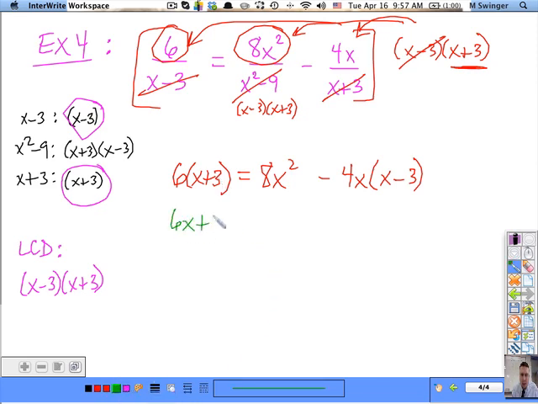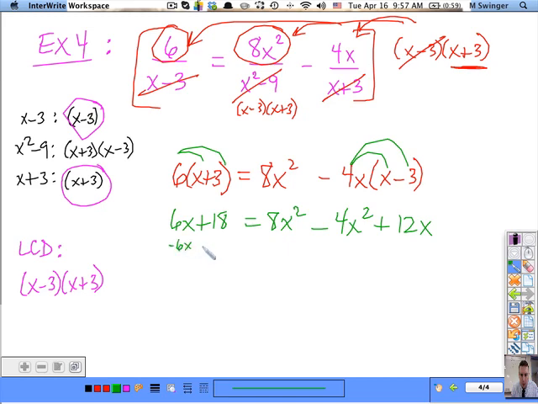So 6x plus 18, if I use my distributive property, equals 8x squared minus 4x times x is 4x squared, minus 4x times negative 3. That'll get people right there, I guarantee it. Plus 12x. Notice it is a quadratic, so get it equal to 0. Let's just put it all on this side over here.